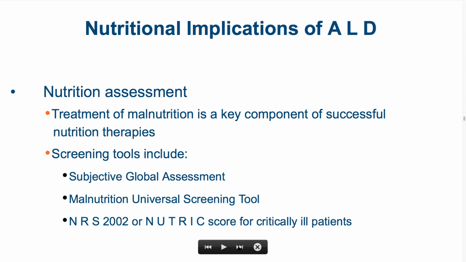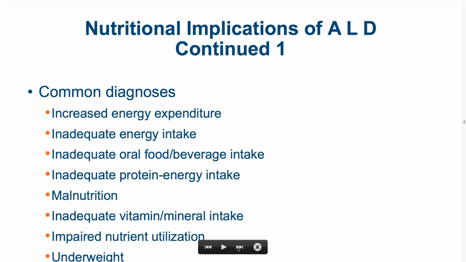Still, fluid accumulation or sarcopenia complicates the accuracy of the nutrition-focused physical exam. Common diagnoses: increased energy expenditure, inadequate energy intake, inadequate oral food and beverage intake, malnutrition, impaired nutrient utilization, underweight.